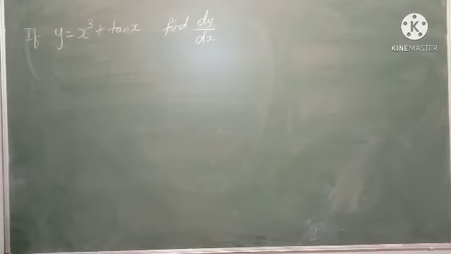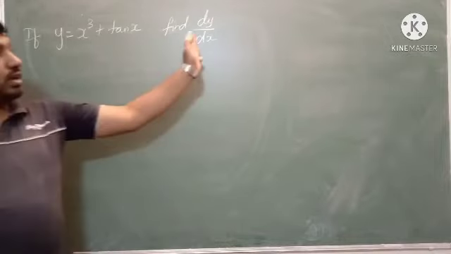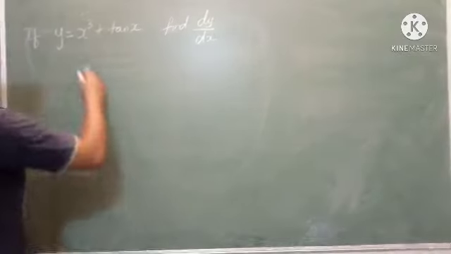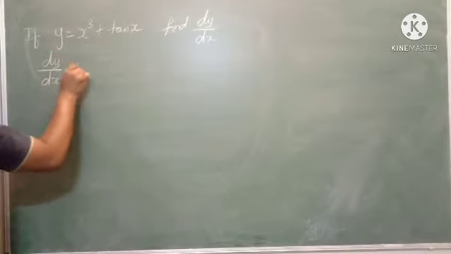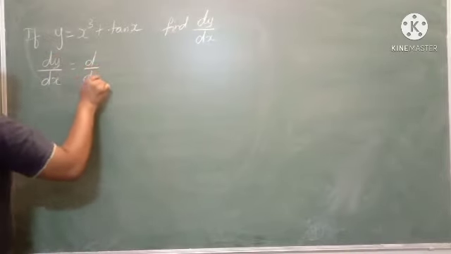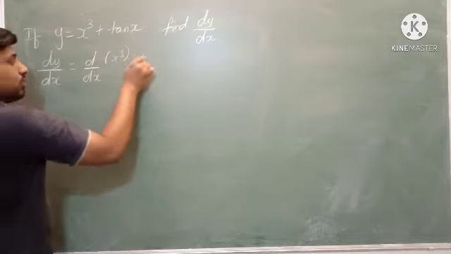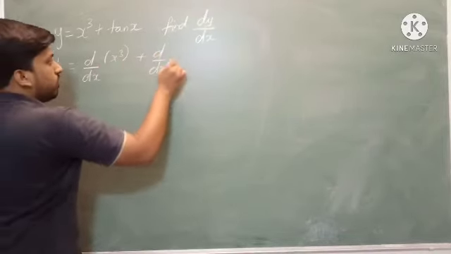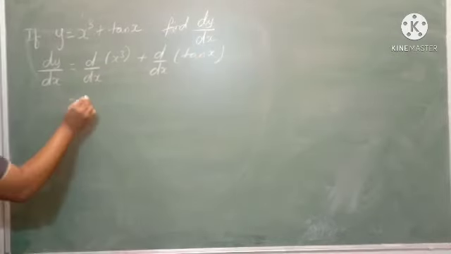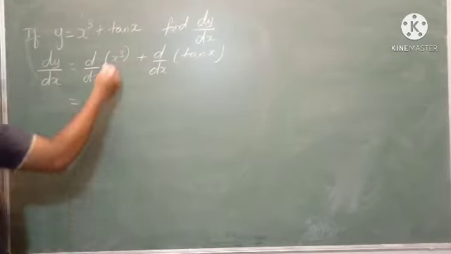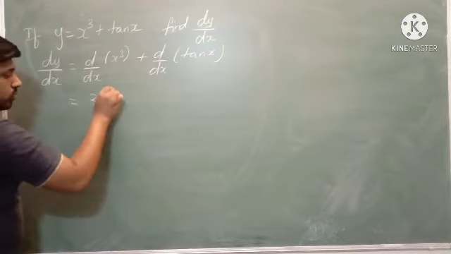I hope you understood. Yes, we will go for the next problem. So if y is equal to x cube plus tan x, we need to find dy by dx. Let us find this. Just differentiate. dy by dx is equal to d by dx of x cube plus d by dx of tan x. So that is nothing but, using the derivative of x to the power of n, we will be getting 3x to the power of 2.